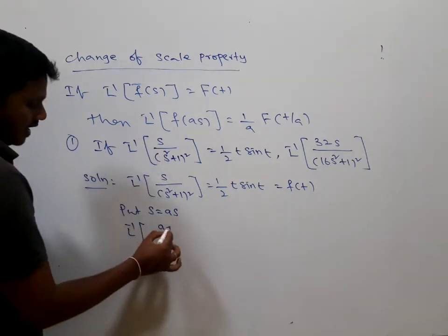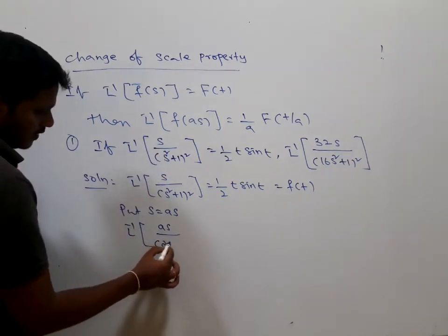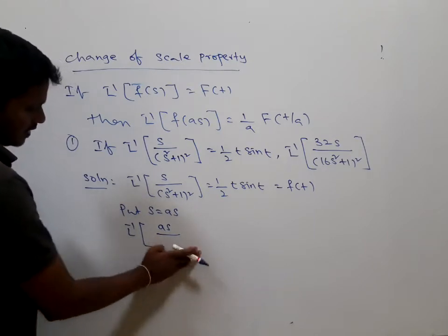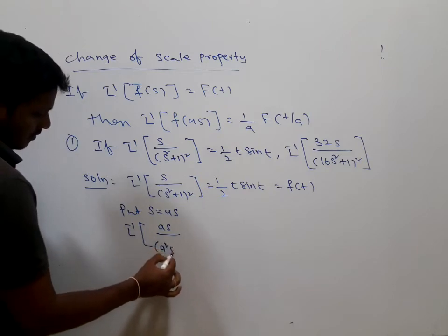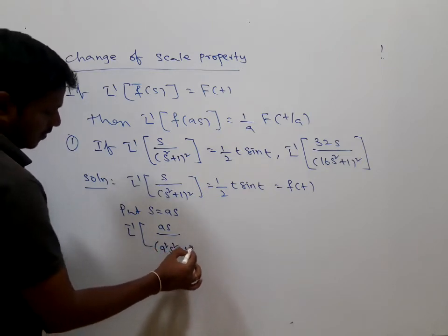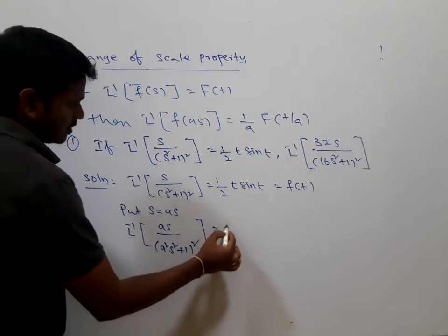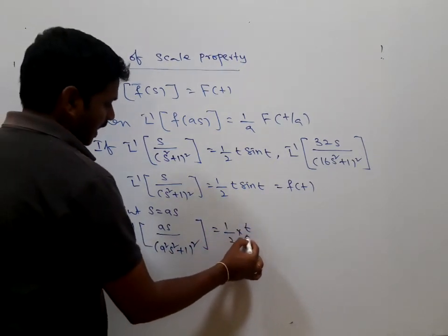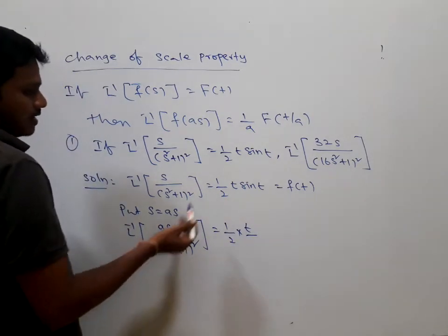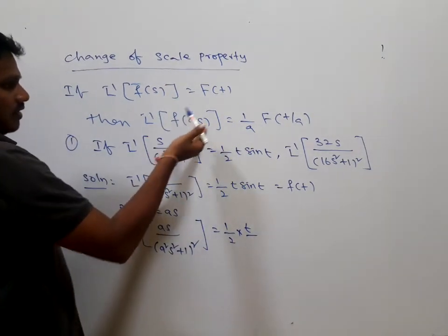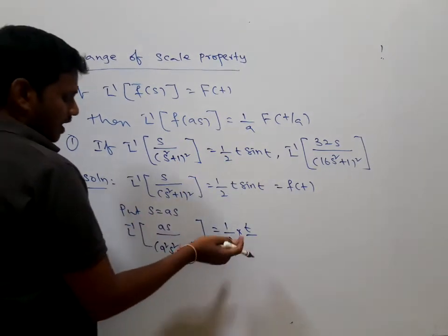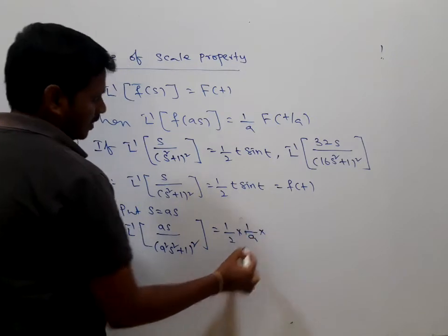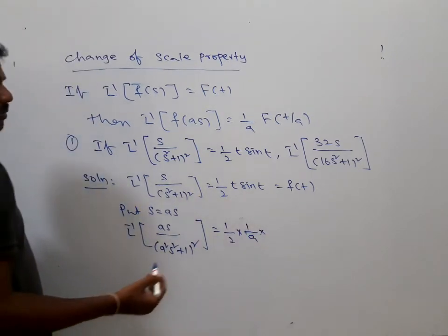F of as is as divided by a square s square plus 1 whole square, equal to 1 by 2 into t by a, by using the change of scale property, 1 by a into f of t by a. So 1 by a also we will get, 1 by 2 already there.